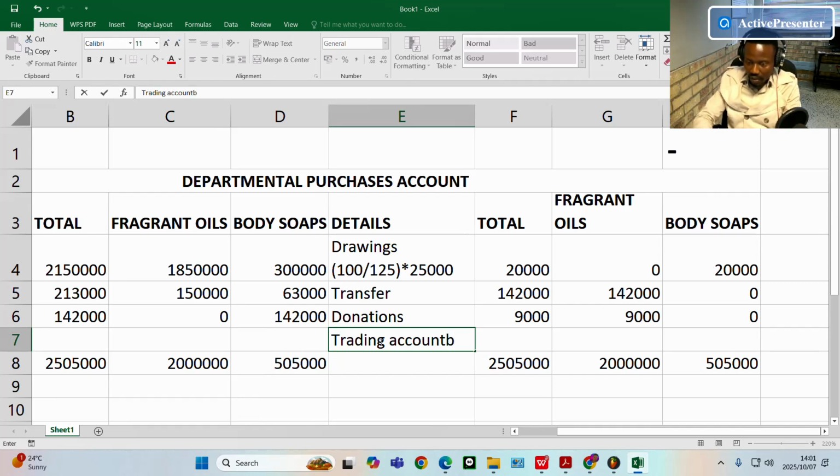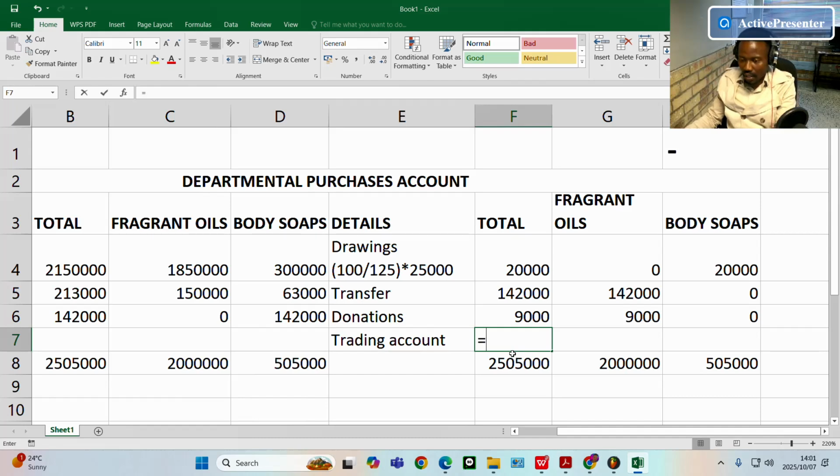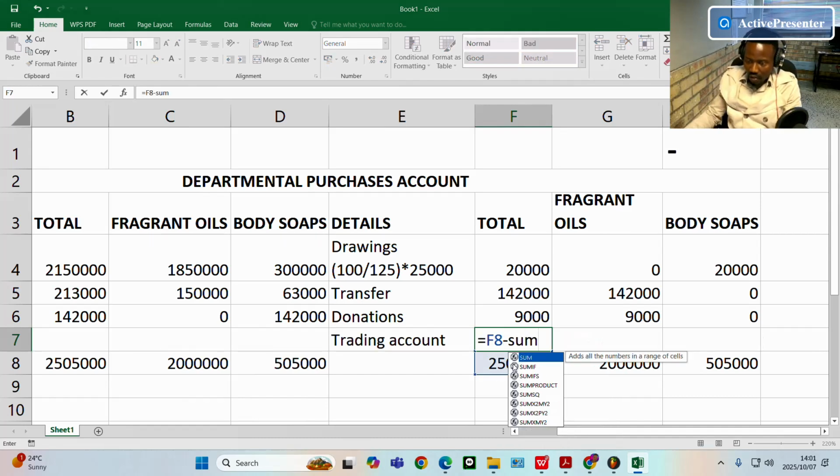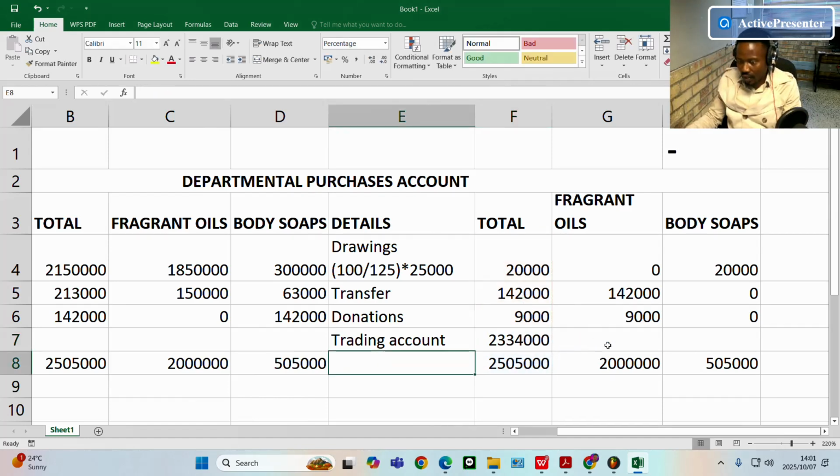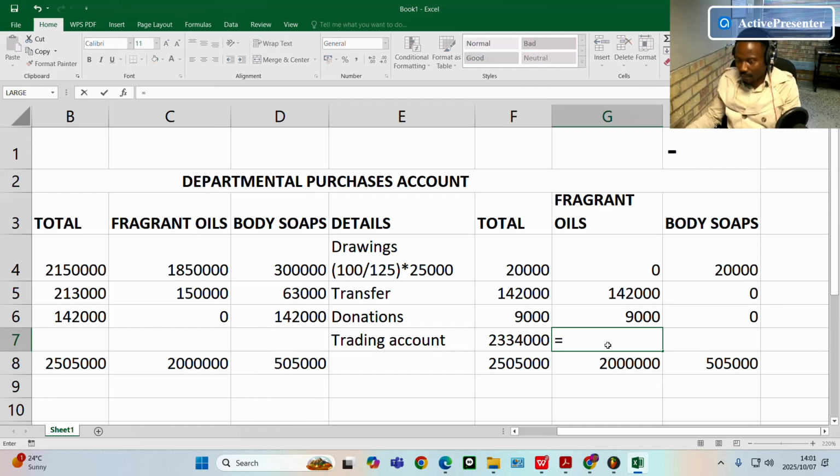So I'll take this and then I'll minus all of this. Same here, I'll be taking this, minusing the 2.